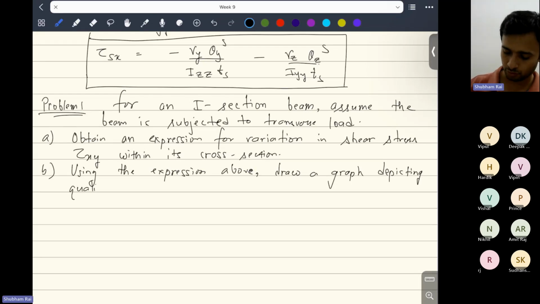You only have to give qualitative variation, not quantitative, of shear stress within the cross section.